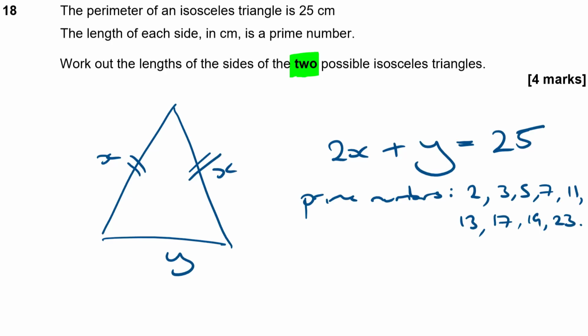I'm just going to proceed through and keep doing that. So if I put 3 and 3 here, that gives me 6. 25 subtract 6 is 19, and 19 is on my list, so that is a possibility. So it could be 3, 3, 19. So we found one of them.